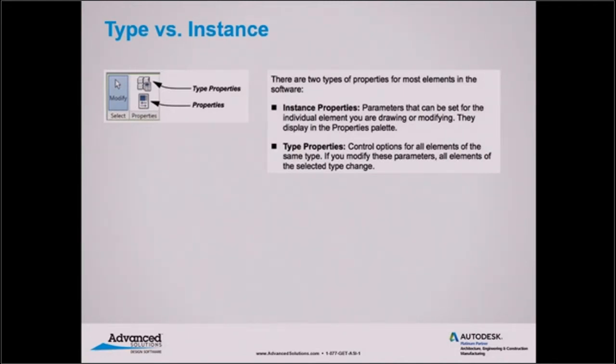There's parameters that relate to all of the instances of the same family, and parameters that relate to each unique instance of an element. Those that are common to the family are type parameters, and those that are unique for every instance are instance parameters, okay?